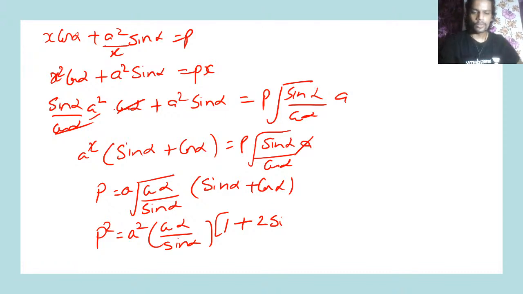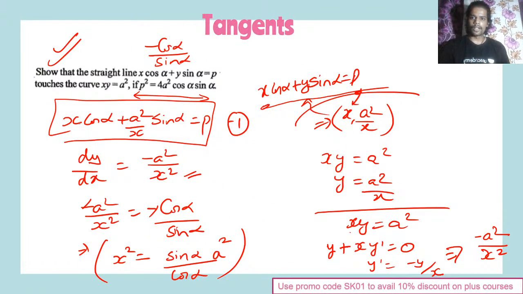Let's try to evaluate what we have done. We calculated x, we calculated y. This is the equation. We calculated the slope, which turned out to be differentiation of first plus second, differentiation of second leave first. y dash equal to minus y by x. Y is this, x is x, so minus a square by x square. We calculated this and we equated it to the slope of this line.